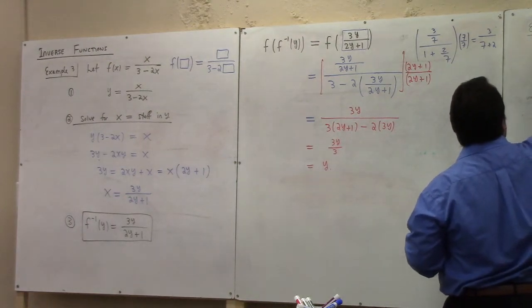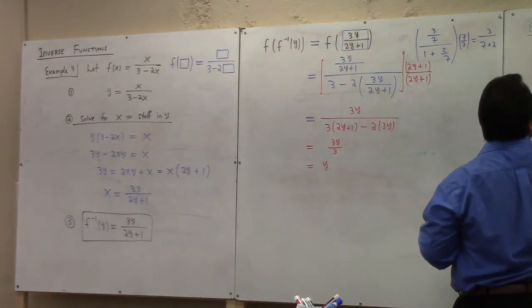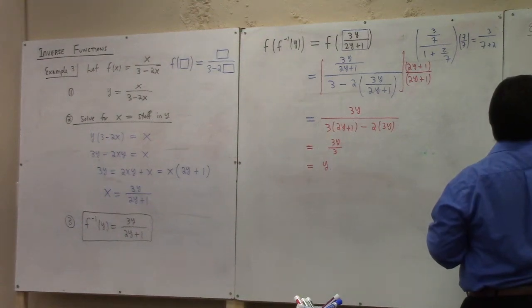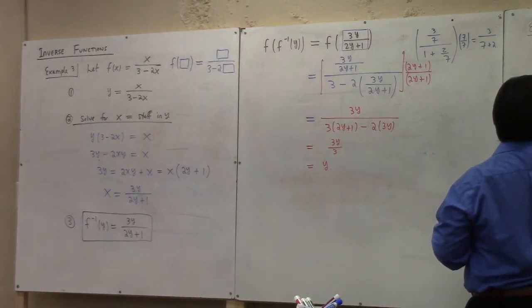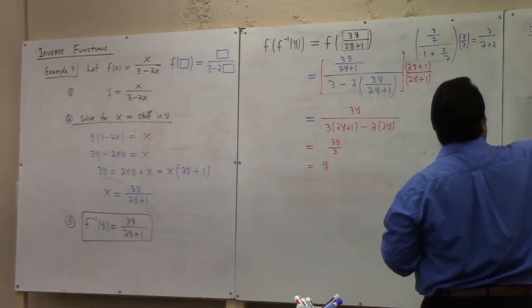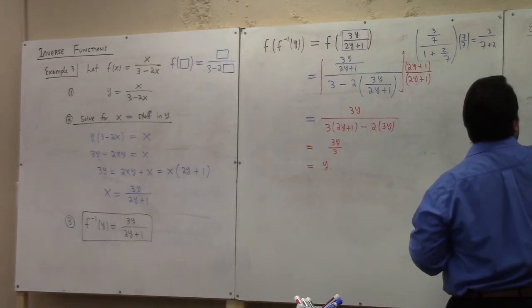Let's suppose that we had f of x equal to x squared plus 9. And I'm going to say find f inverse of x if possible.